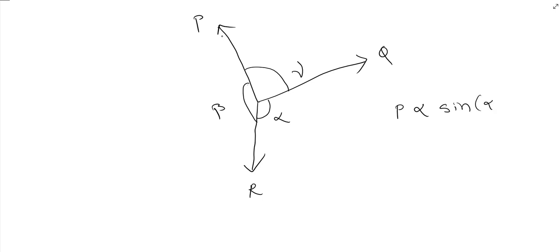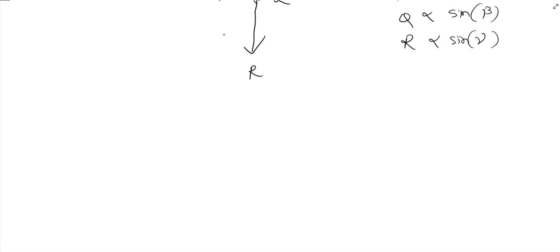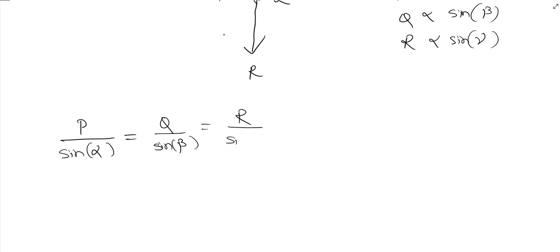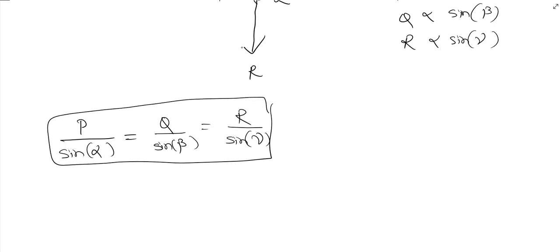That means P is proportional to sine alpha, Q is proportional to sine beta, and R is proportional to sine gamma. So this may be written as P by sin alpha equal to Q by sin beta equal to R by sin gamma, and this is the Lami's theorem, which is applicable for three coplanar concurrent forces in equilibrium.